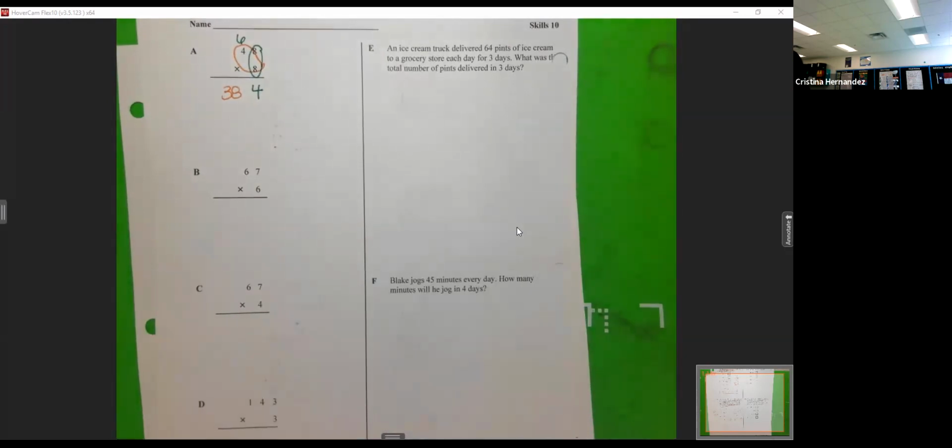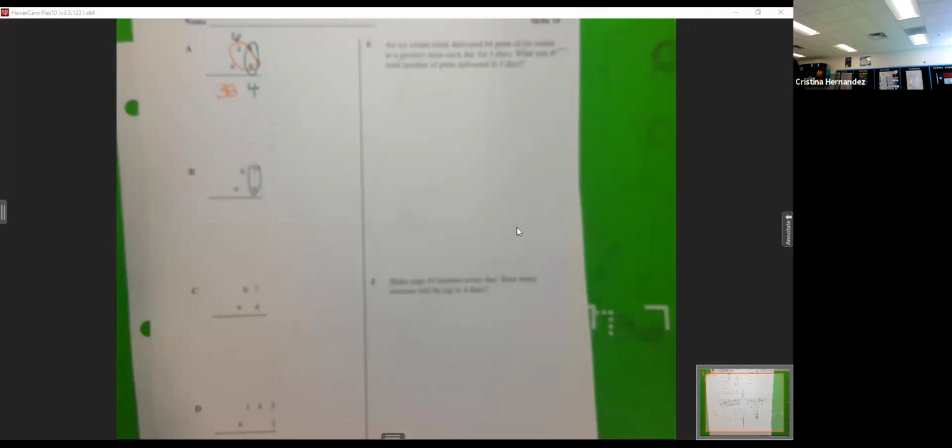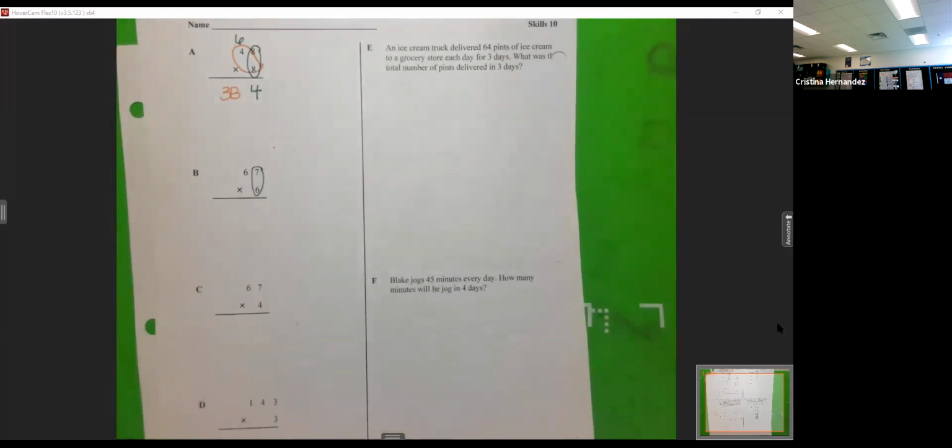B. 7 times 6. Somebody besides Chloe. Cricket, cricket. I know, because there's nobody else. That's why they're with me. Jacob, you're still here, so you're going to help us.